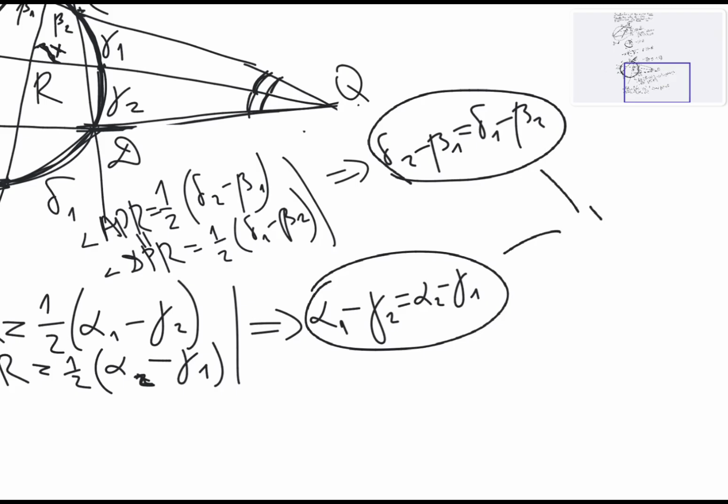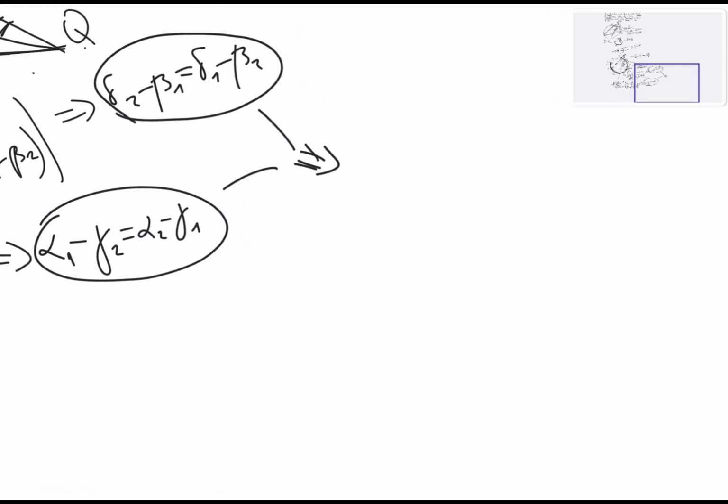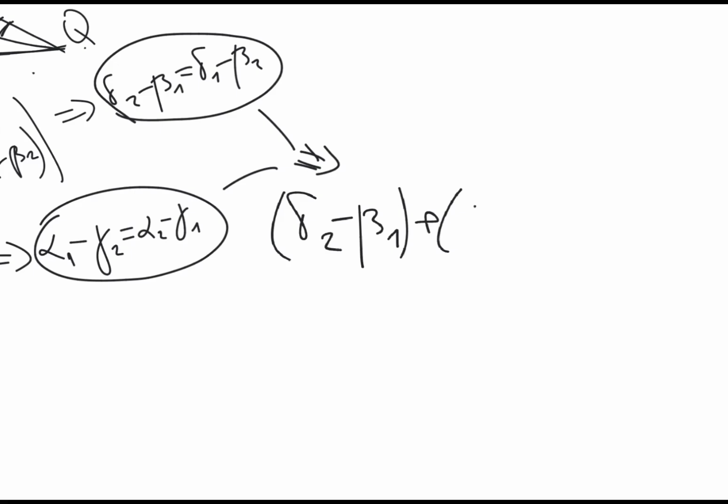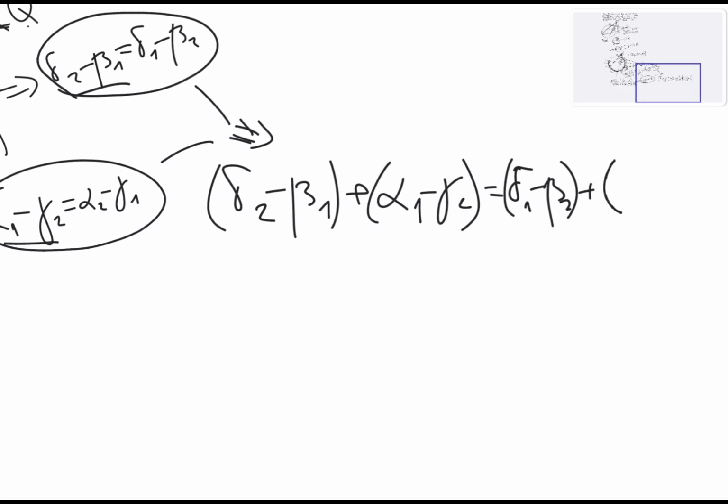So from this and this, it follows, when we sum them together, let's write this carefully, that delta 2 minus beta 1 plus alpha 1 minus gamma 2, this is the sum of the left hand sides, is equal to delta 1 minus beta 2 plus alpha 2 minus gamma 1, right?